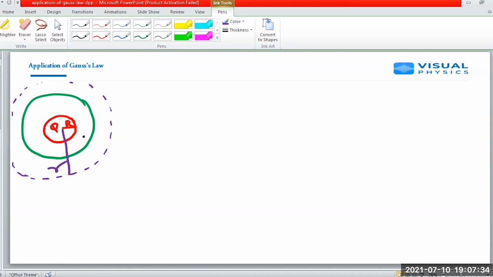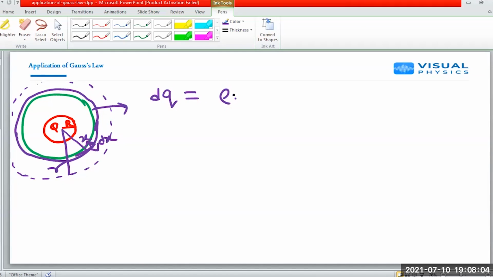And suppose the charge surrounding the spherical body, I'm just taking it at distance x and the thickness of this shell is dx, then the charge only in this little bit of shell, dq, will be rho, that is volume charge density, into the surface area of this spherical shell, that purple color shell, into thickness, volume charge density into volume.